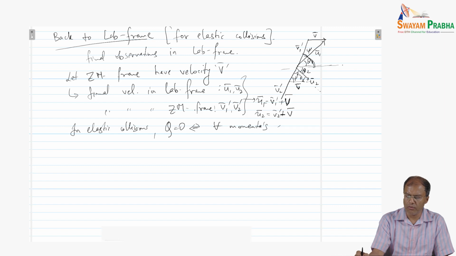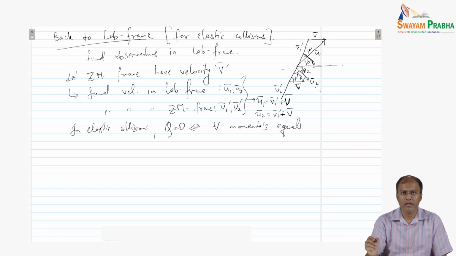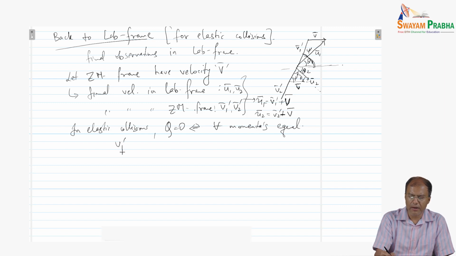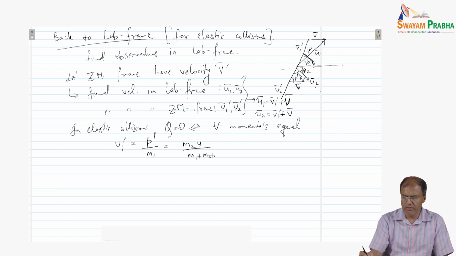All momenta equal, in the case of elastic collision. In that case, we saw that v1 prime, the final velocity in the zero momentum frame for particle 1, is going to be p divided by m1, which comes out to be m2 u by m1 plus m2. Similarly, v2 prime comes out to be m1 u divided by m1 plus m2.